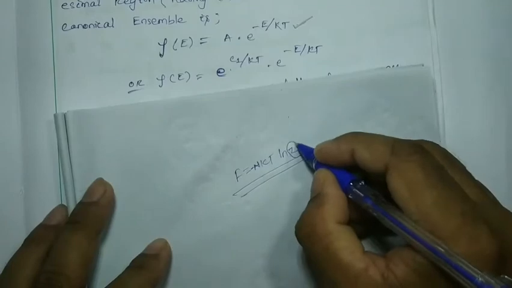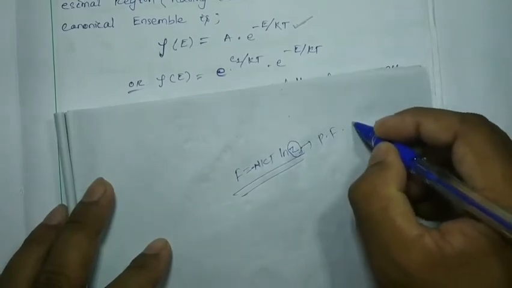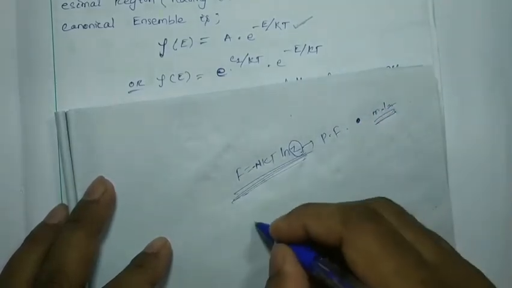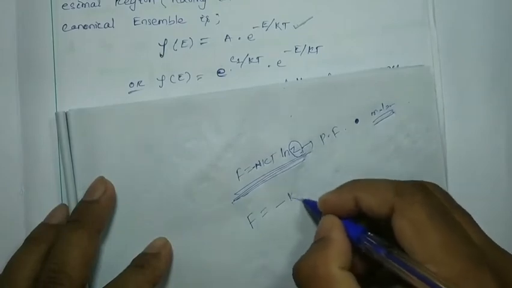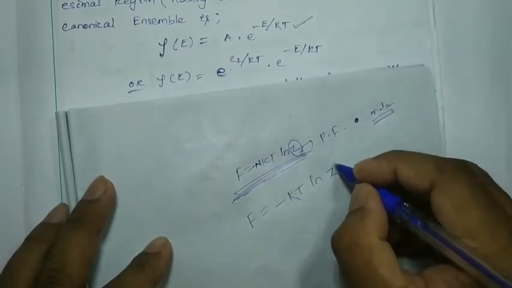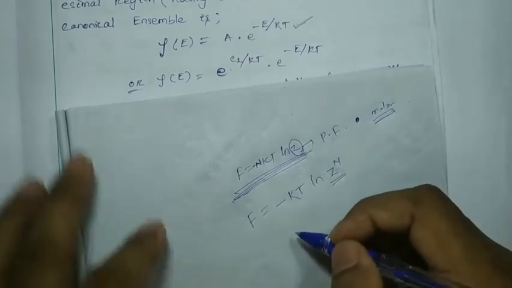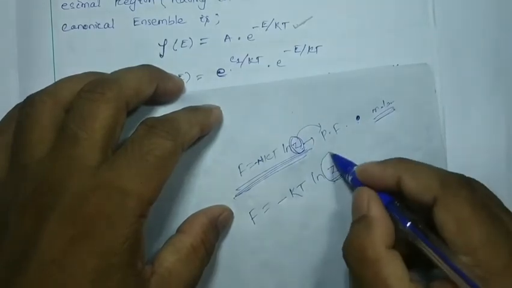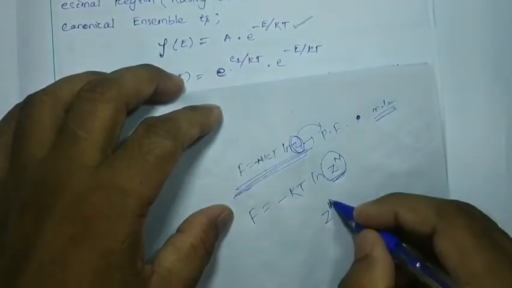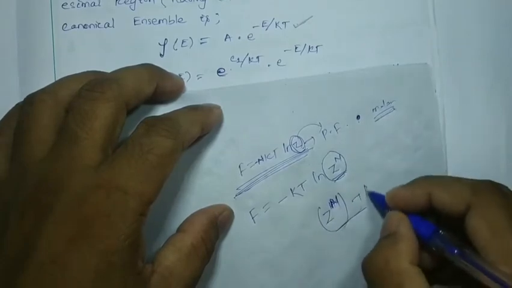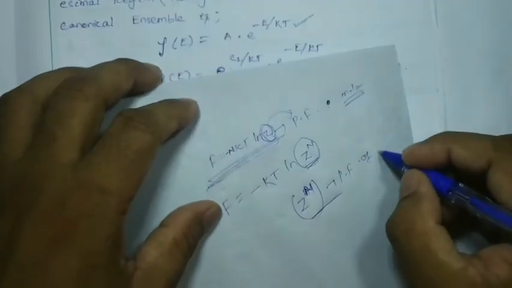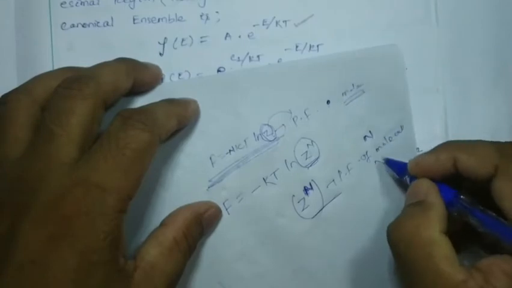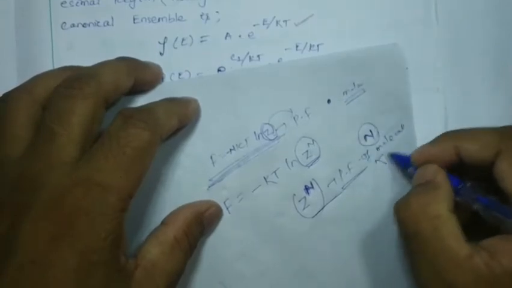Okay, here this z represents the partition function of a single molecule, one molecule, right? And this expression can be written as f equal to minus kT ln z to the power N. Here this z represents the partition function of a single molecule, and z to the power N is nothing but the partition function of N molecules. Here capital N represents the number of molecules.